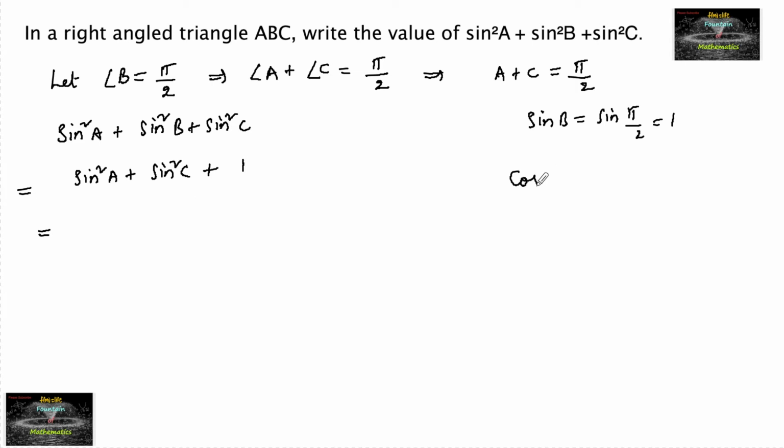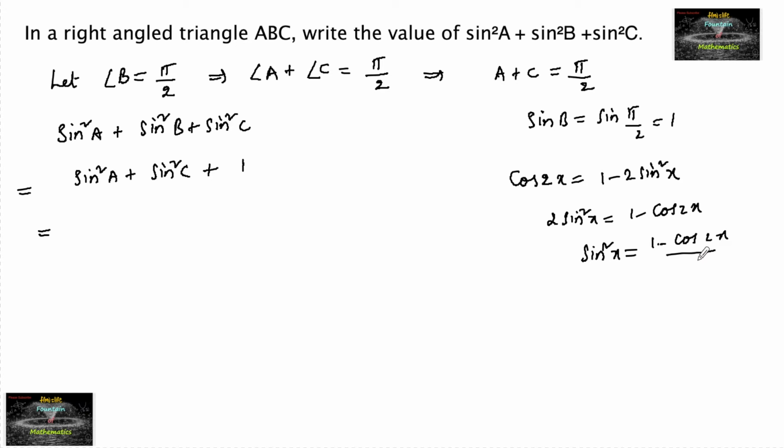Also we know that cos 2x is equal to 1 minus 2 sin square x, or 2 sin square x is equal to 1 minus cos 2x, or sin square x is equal to 1 minus cos 2x upon 2. So sin square A is 1 minus cos 2A upon 2, plus sin square C is 1 minus cos 2C upon 2, plus 1.